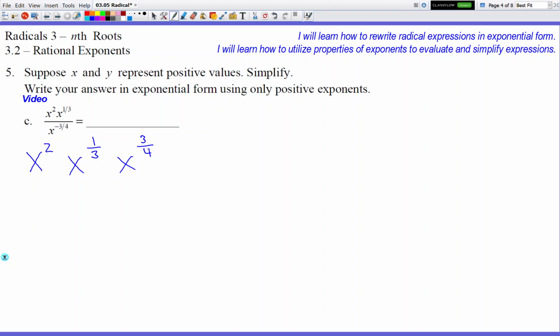Okay, so all of these x's are being multiplied, so therefore all I'm going to do is add all my powers. So x to the 2 plus 1/3 plus 3/4 power. Okay, and then I'm going to make them have all the same denominator, so I think they all have to match at a 12.